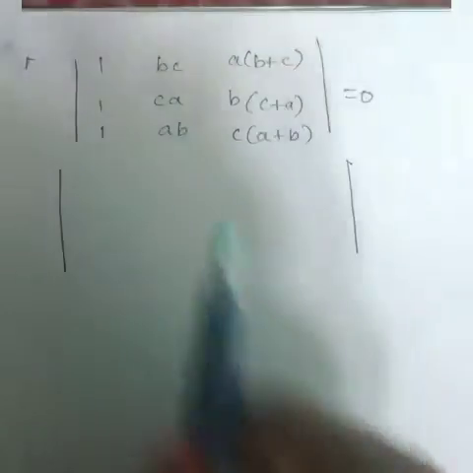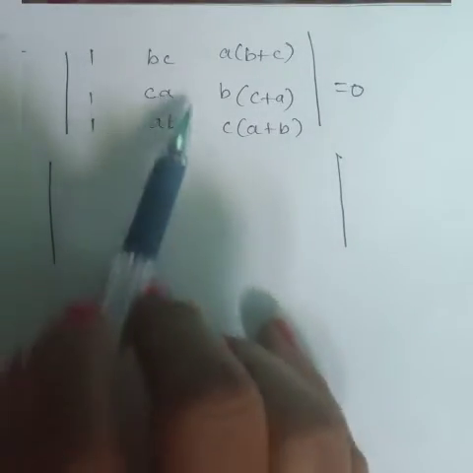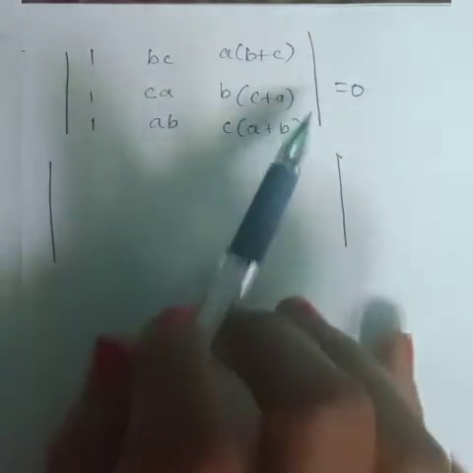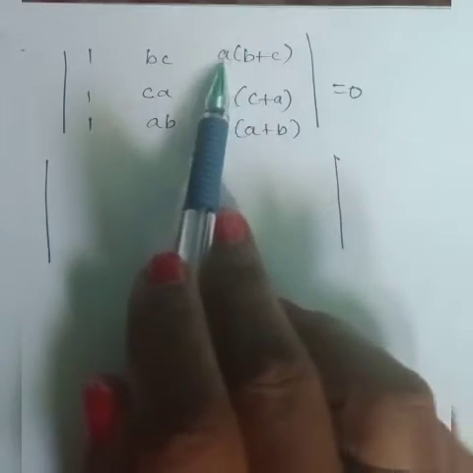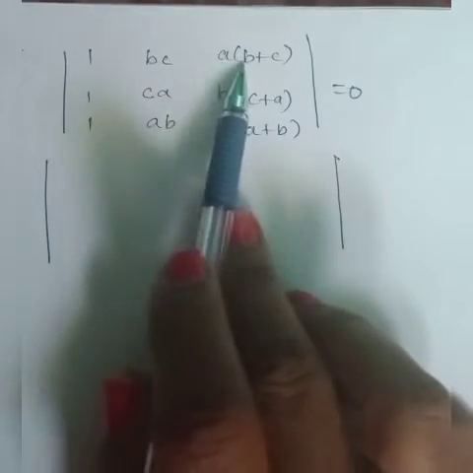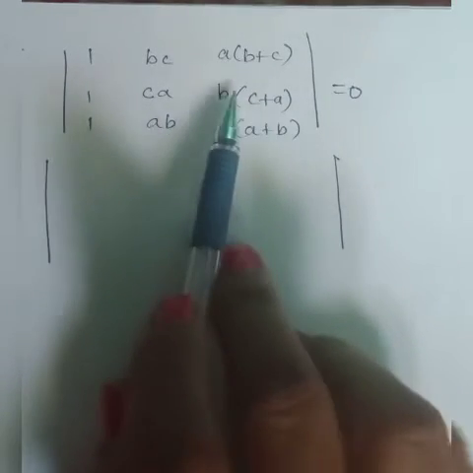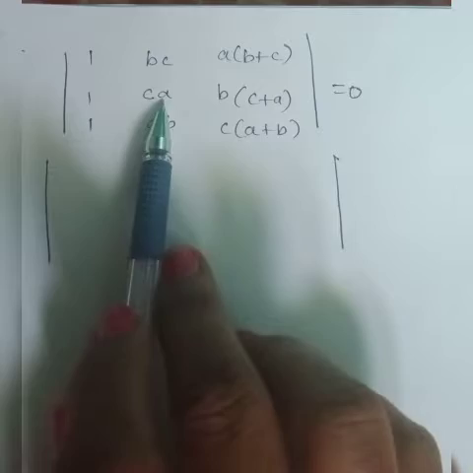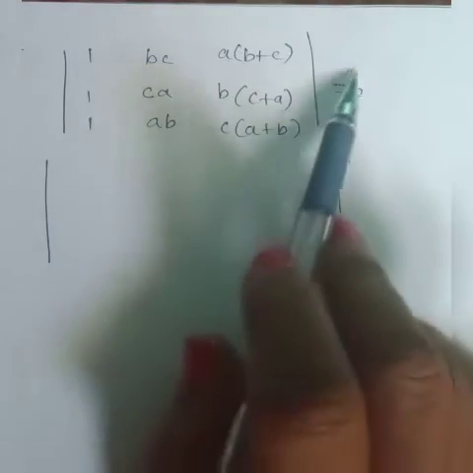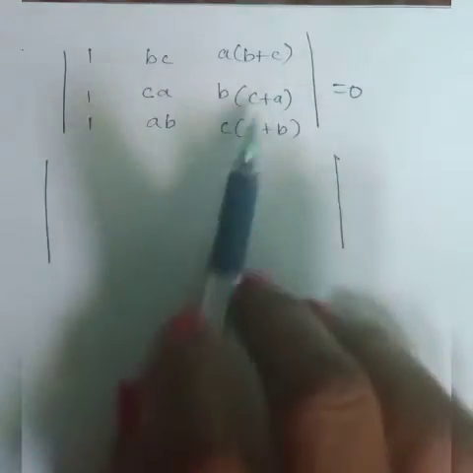Here I can look at columns C2 and C3. We have A into B, AB, A into C, AB, AC, and BC is left. Here A into B, B into C, and CA is left. So we actually need to prove that the value is 0.